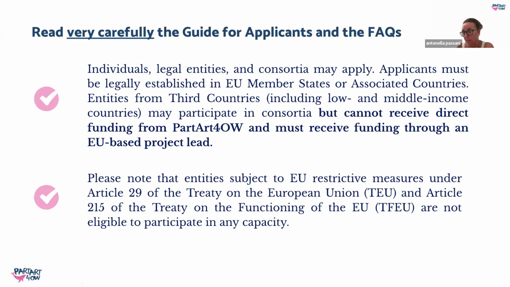Applicants must be legally established in an EU member state or associated country. Entities from third countries may participate in a consortium but cannot receive direct funding from Partnership for Ocean and Water and must receive funding through an EU-based project lead. So okay, they can be in the consortia, but they cannot lead a consortium.